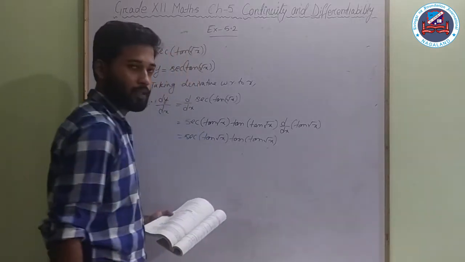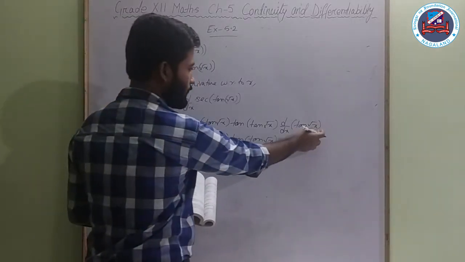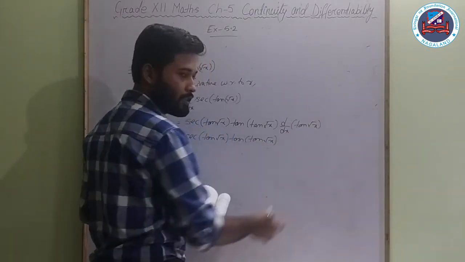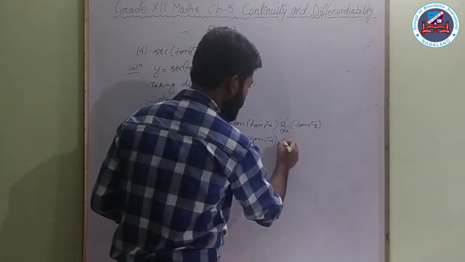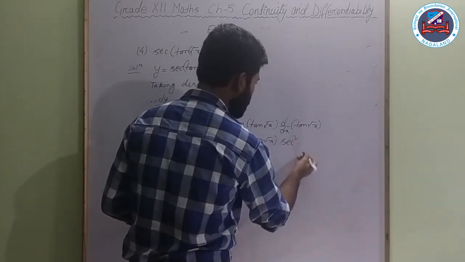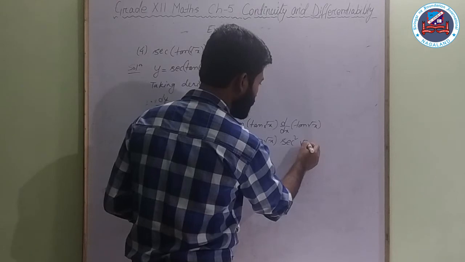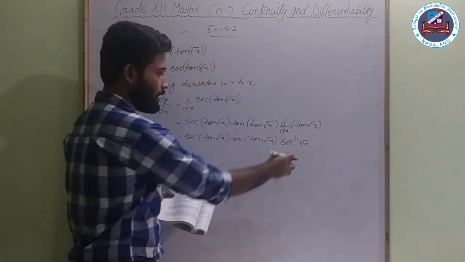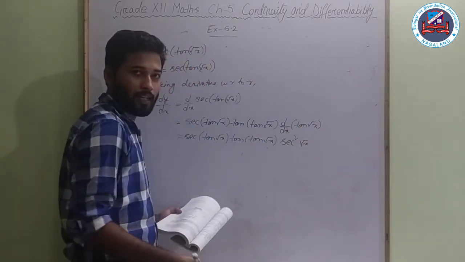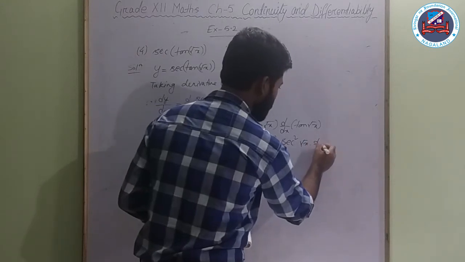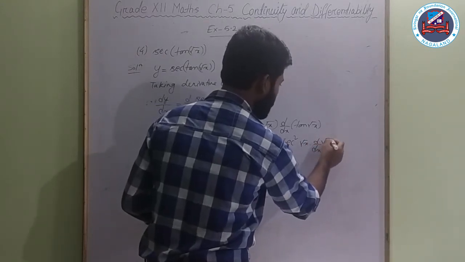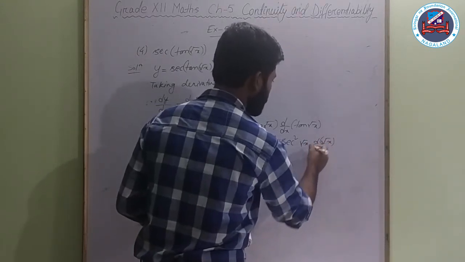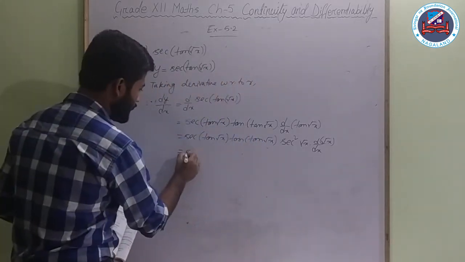Now what is d/dx of tan root x? If I consider this as x, so what is d/dx of tan x? It is sec square x. Now sec square, what will be the x? x will be our root x. Again, this root x is not the x, isn't it? So again we need to take d/dx of root x here.